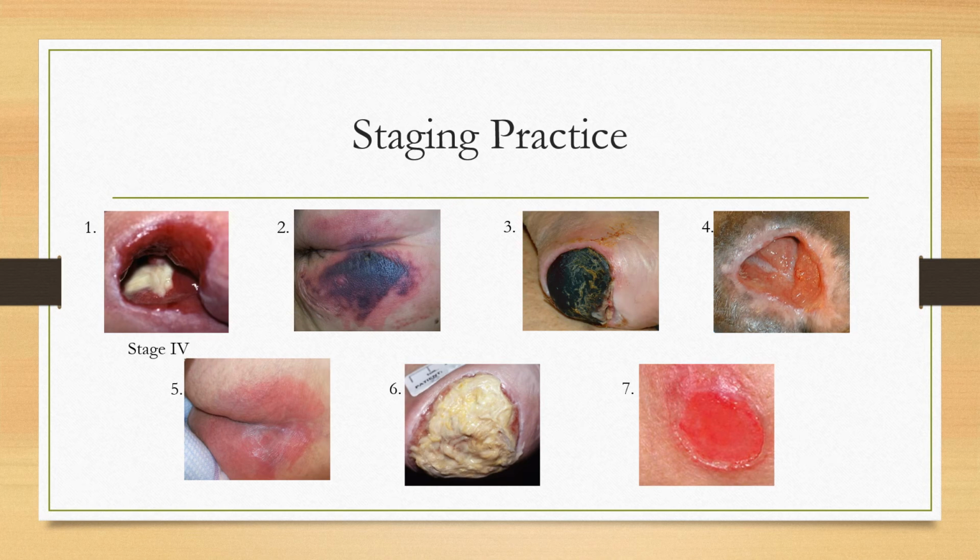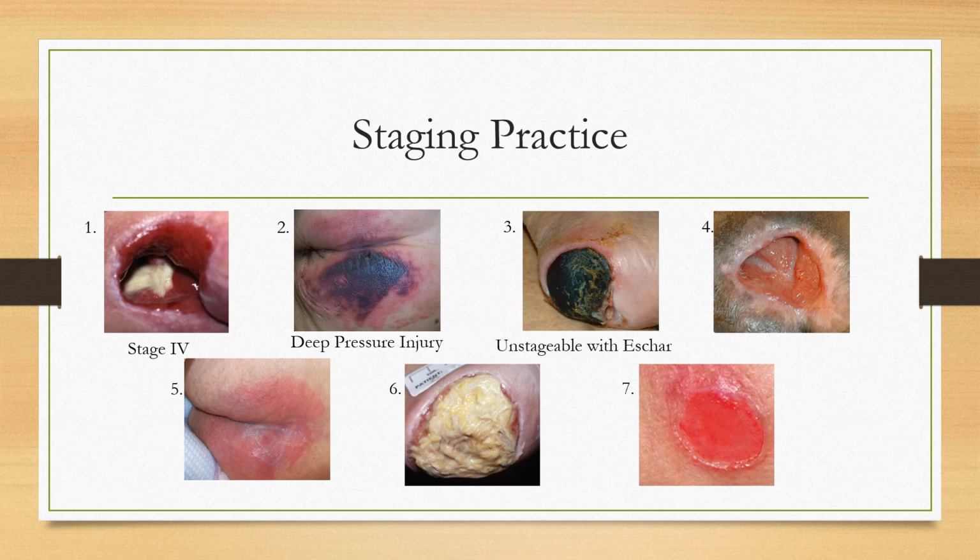Okay, it's deep, it's through the subcutaneous tissue, and it's exposing either a tendon or a muscle or a bone. Okay. Number 2 is really just a deep pressure injury, right? There's bruising there, and that would be non-blanchable, by the way. Okay, so that's bruising in the tissue. It's outside of the blood vessels. Okay.